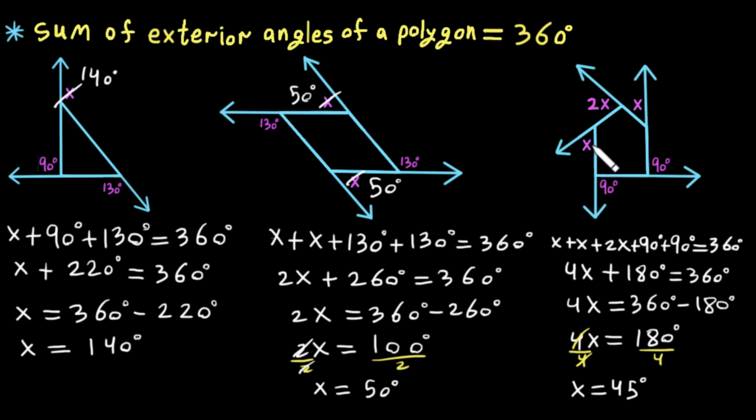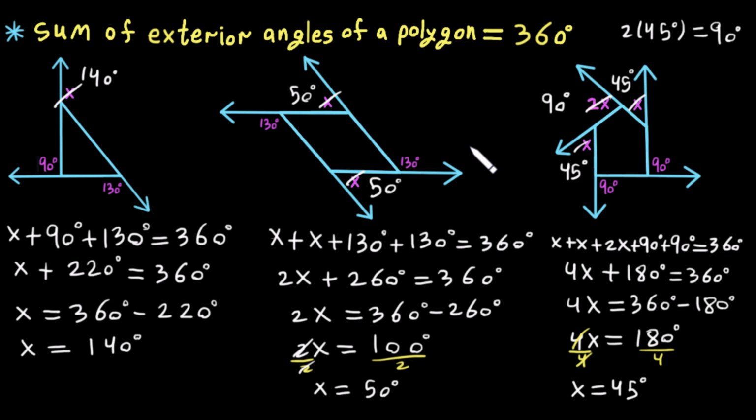We have found this x, which is 45 degrees, and this angle is also 45 degrees because x equals 45 degrees. Here we have 2x, which means 2 multiplied by 45 degrees, which is 90 degrees. So we found this angle equals 90 degrees.